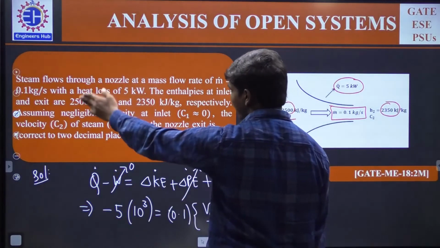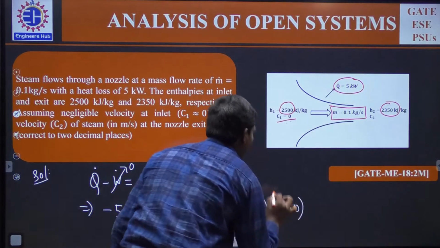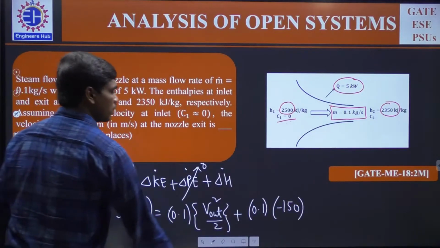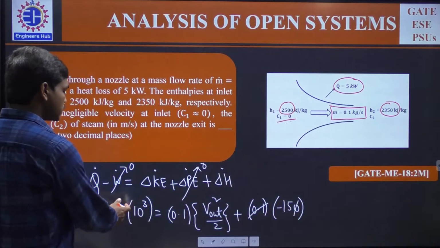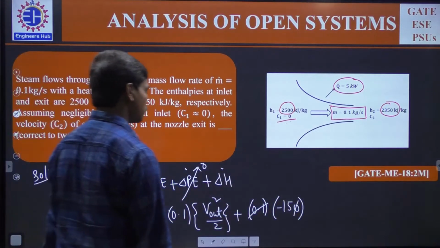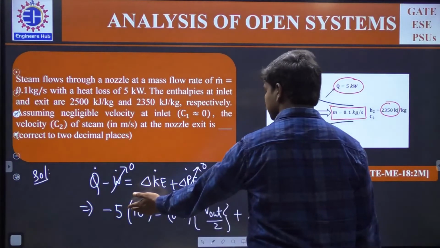So 2350 minus 2500 gives minus 150. Now this 0.1 cancels, so in total it is minus 15 and this is minus 5000.